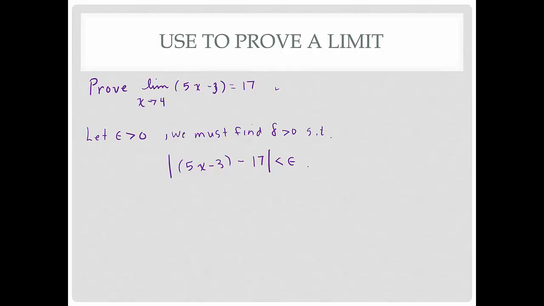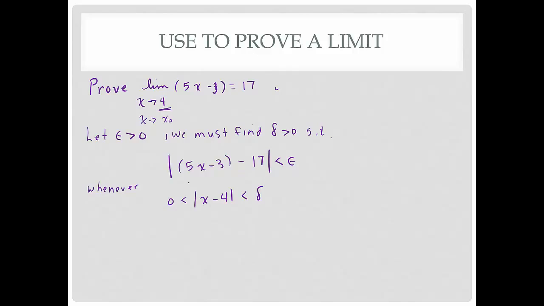All right, so that's my f of x minus L less than epsilon. And we're going to say this is going to happen whenever 0 less than absolute value of x minus 4 less than delta. Where'd that 4 come from? That's my x naught. Okay, so that's as my x approaches x naught.